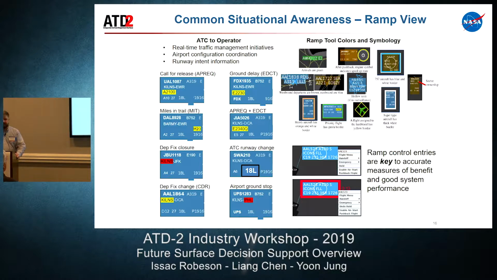That's a lot of the predictive analytics we're trying to get into as we move forward. Right now, modeling of ramp closure would not change the gate conflict.